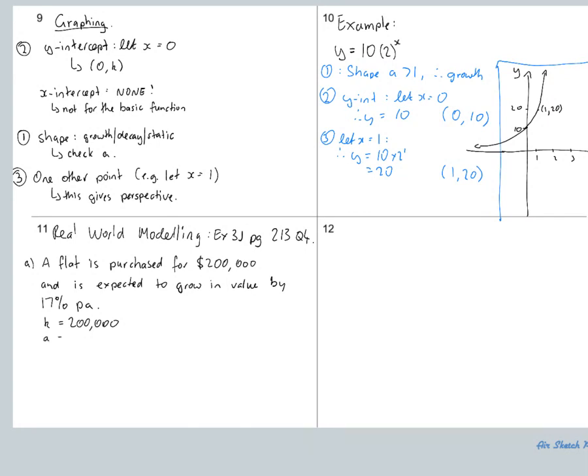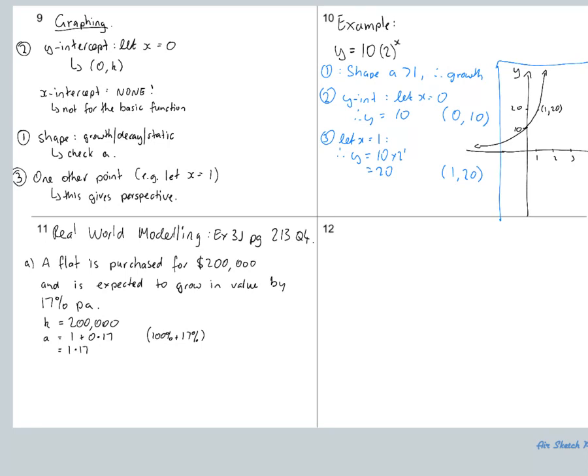A is equal to, now it's 17% growth. That means that the next figure would be 117%. So that's going to be 1 plus 0.17. If you want to, on the side here for your notes, you might want to write 100% plus 17% if you think you need to know where those numbers come from. Again, you could just do this in one step.